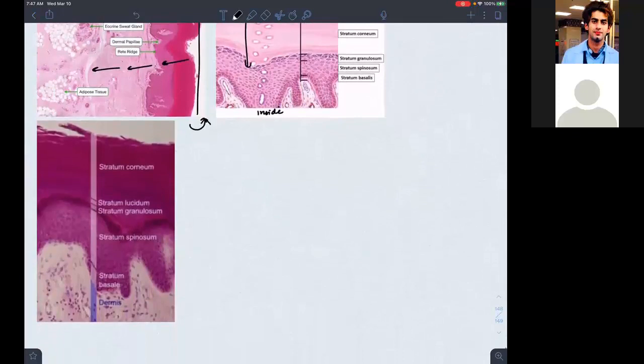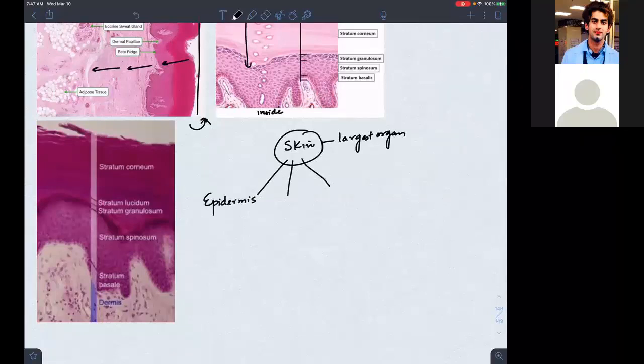You should write the skin, human skin. You know the skin is the largest organ of your body, isn't it? It is having three layers: epidermis, dermis, subcutaneous fat.